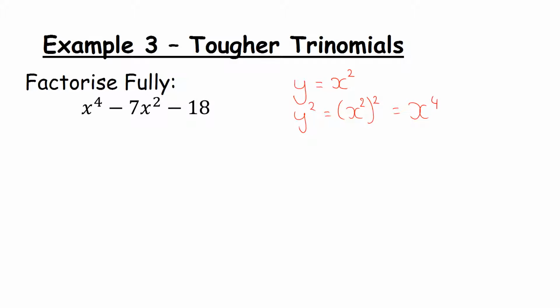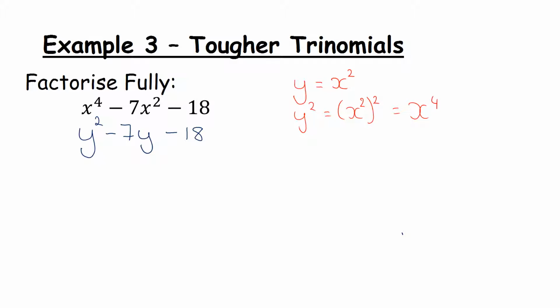Now, what I'm going to do is, instead of x to the power of 4, I'm going to rewrite that as y squared. And minus 7, instead of x squared, I'm going to use just y, minus 18. So I've rewritten this using y's, and I now have what is exactly a quadratic trinomial.